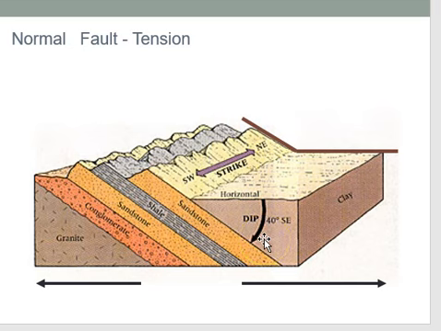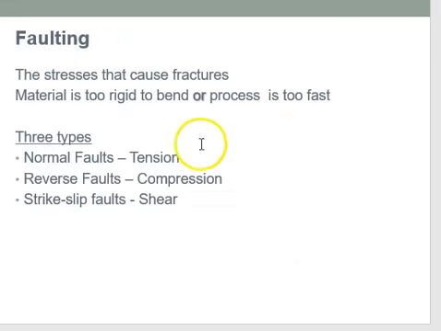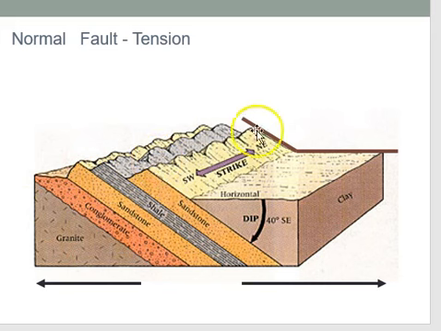So you can imagine, as you're thinning out the land and stretching it, this section here drops with the stretching movement, and it creates what's called a fault scarp, which is the back edge of this landform. So this piece of land would have been up here at the top.